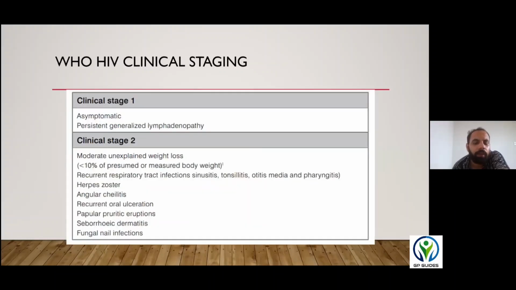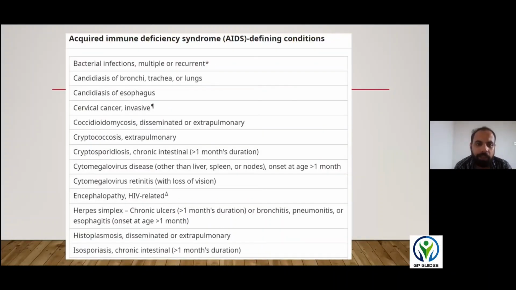So coming to the AIDS-defining conditions, it is difficult to remember all of these conditions, but you must know that these are mostly opportunistic infections.